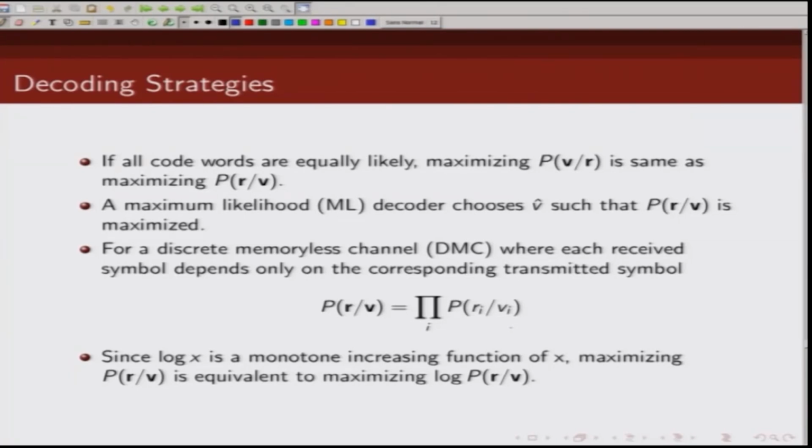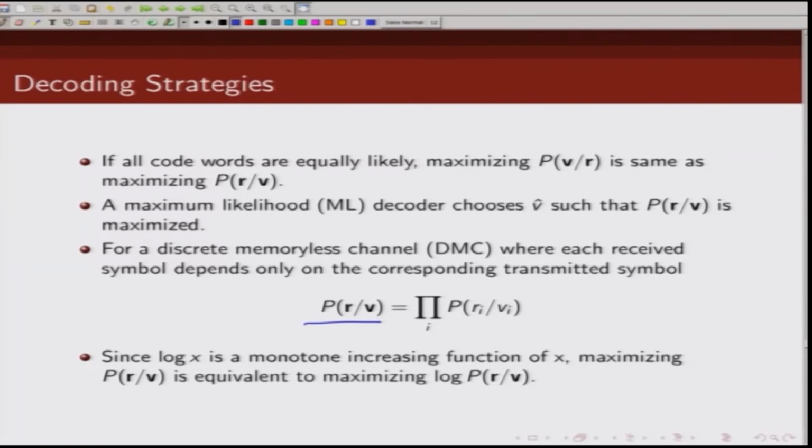Since log of x is a monotonically increasing function of x, maximizing this probability is equivalent to maximizing log of the probability of r given v.